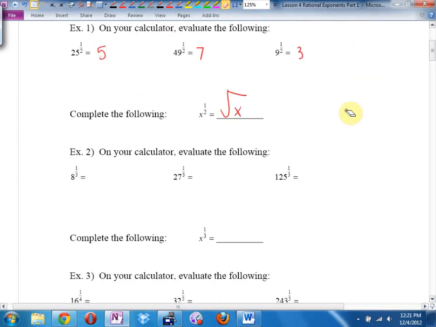Let's see if we can take a guess, spot the pattern. Before we go to our calculator, what do you think 8 to the 1/3 power might be? Why 2? If we were looking for a pattern, if a fractional exponent had a 2 on the bottom, that meant square root. What would be a lovely pattern if a fractional exponent had a 3 on the bottom? What kind of a root? Cube root. Try it on your calculator, but I'm pretty sure you do get a 2 there.